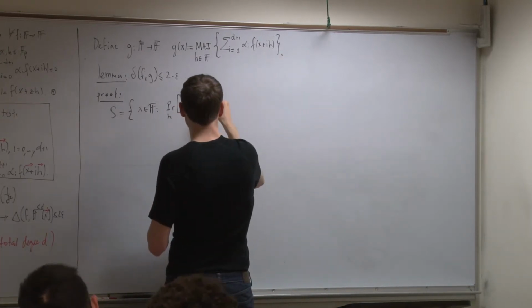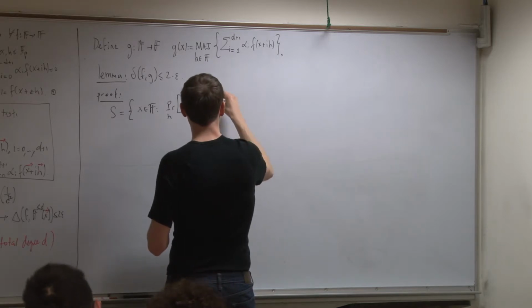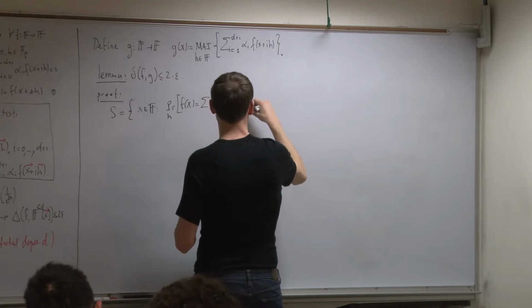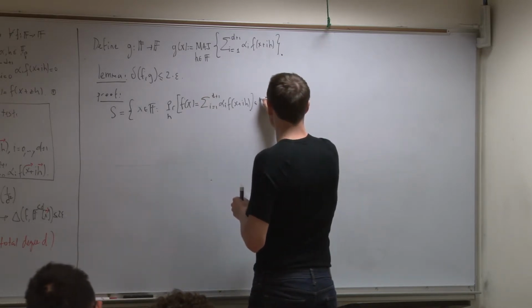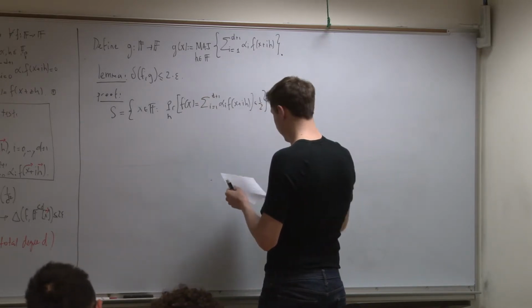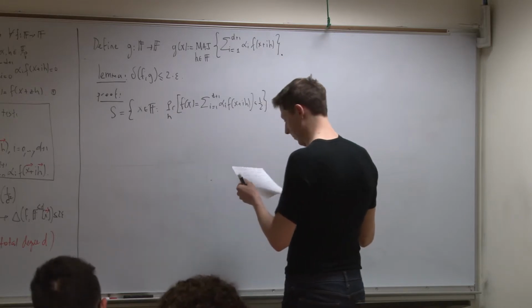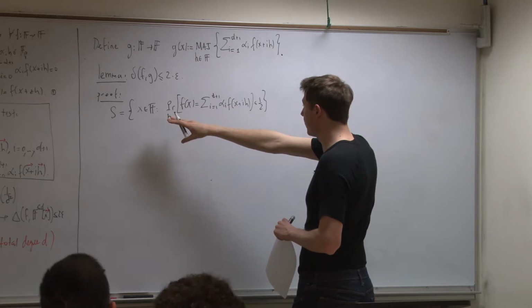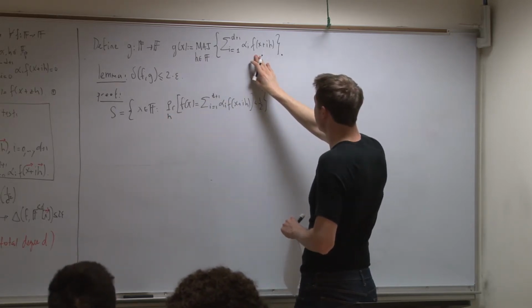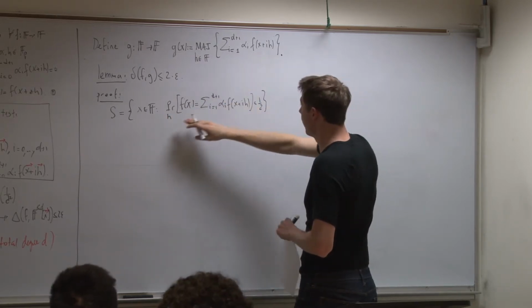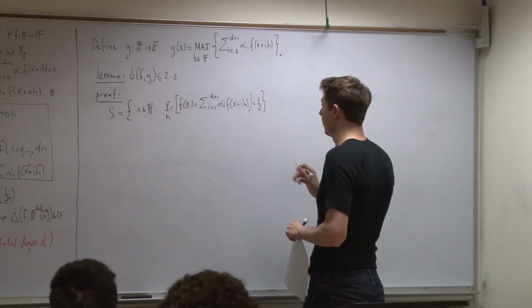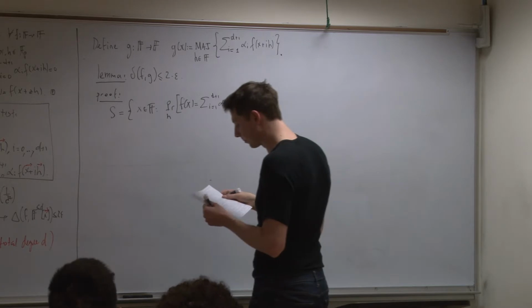So f of x equals the sum from i equals 1 to d plus 1 of alpha_i f of x plus ih is less than a half. These are the x's for which, over a random h, this expression agrees with f of x on a small number of h's.